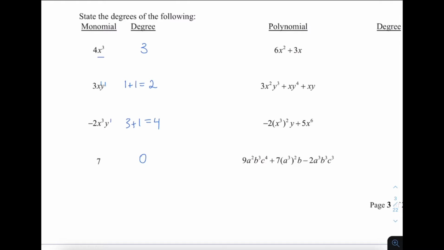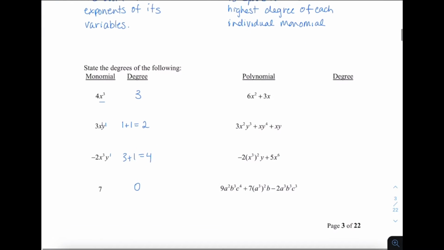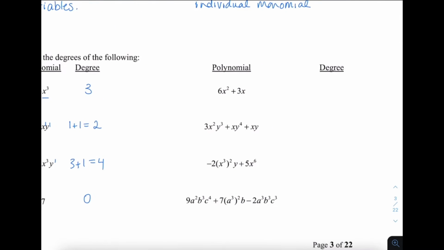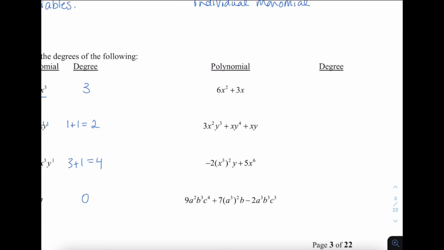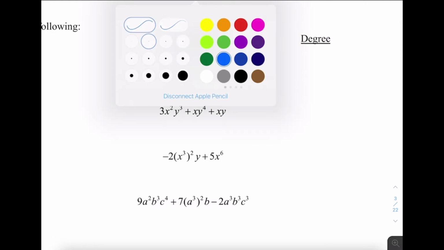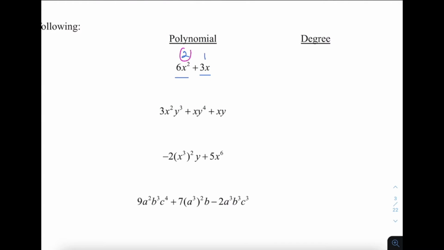Now for polynomials, we said here it's equal to the highest degree of each individual monomial. So what I have to do is break up the polynomial into its monomials, and here we have 2 monomials. And I have to look at the degree of each. So I can see that the degree of 6x² is 2, the degree of 3x is 1, and all I do is simply take the highest one.